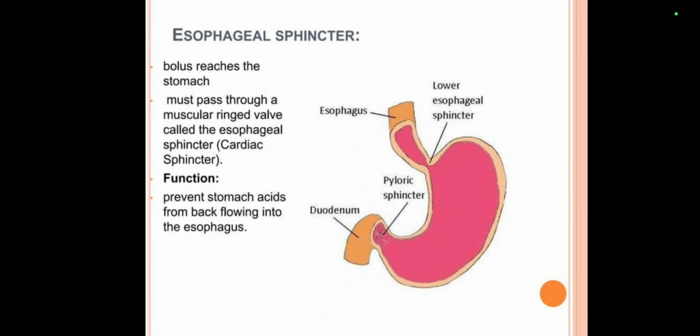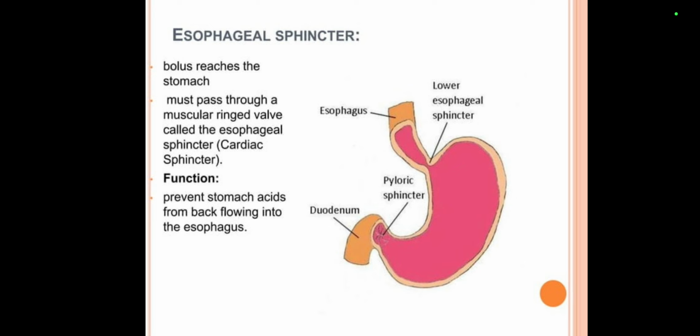Now let's move forward to another term that we will figure out in the esophagus, and that is the esophageal sphincter. In the esophageal sphincter, the bolus reaches the stomach. What do you mean by that? A bolus is a small rounded mass of a substance, especially chewed food at the moment of swallowing.